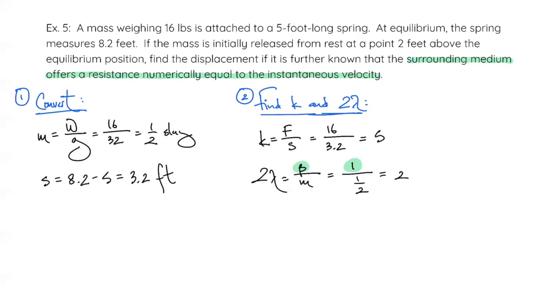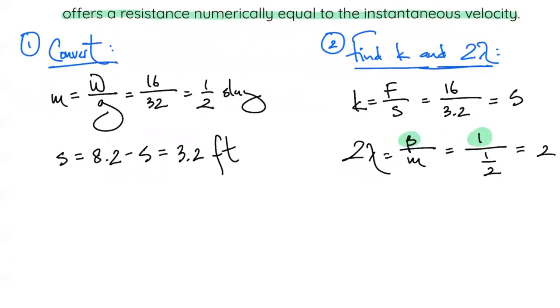Now that we have our K and we have our 2 lambda, we can set up our differential equation. As we go through this, we want to make sure that the discriminant is negative, because that's how we'll know this is an underdamped situation.